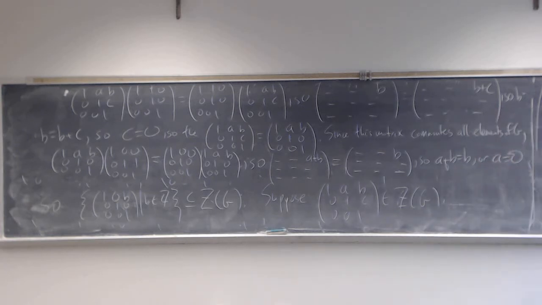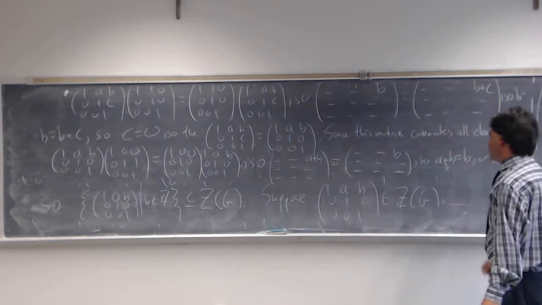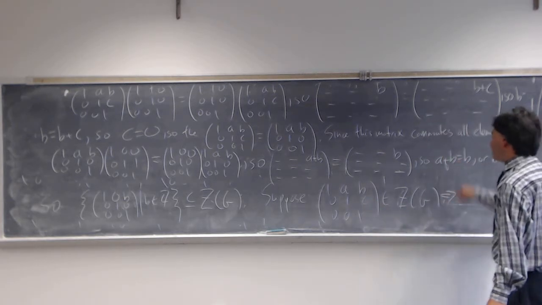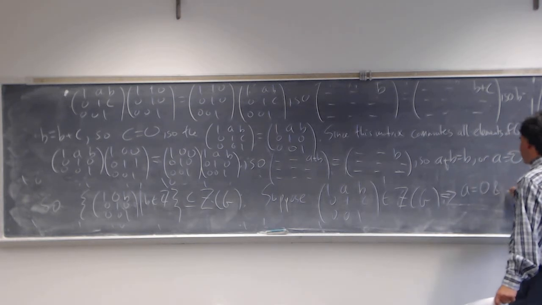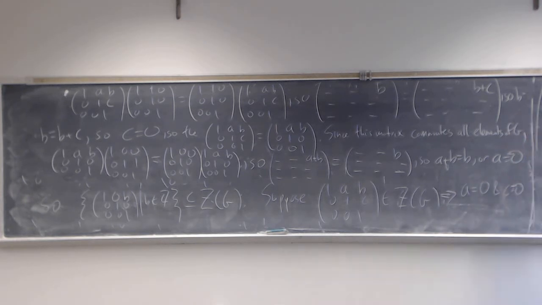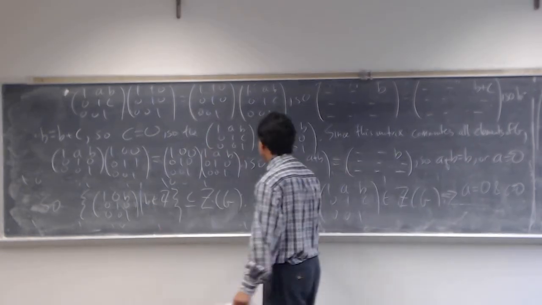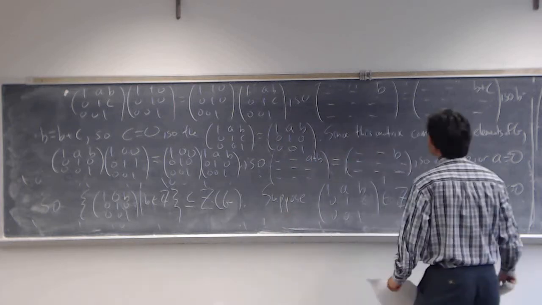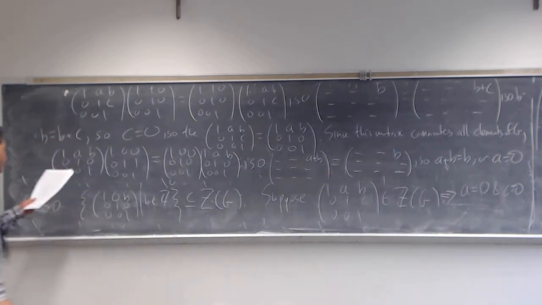And so in fact, if we assume a matrix like this is in the center, what I've just proven above is that A equals 0 and C equals 0. So that's the other containment, that everything in the center is contained in this. And therefore, this set is exactly the center.